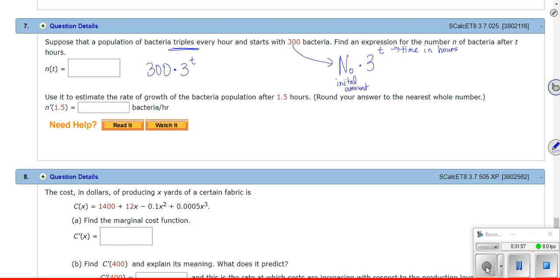I just want to remind you that the derivative of b to the x equals b to the x times ln of b. So that's how you could help find the derivative of N. Then once you find the derivative, you plug in 1.5. It's literally as easy as that.